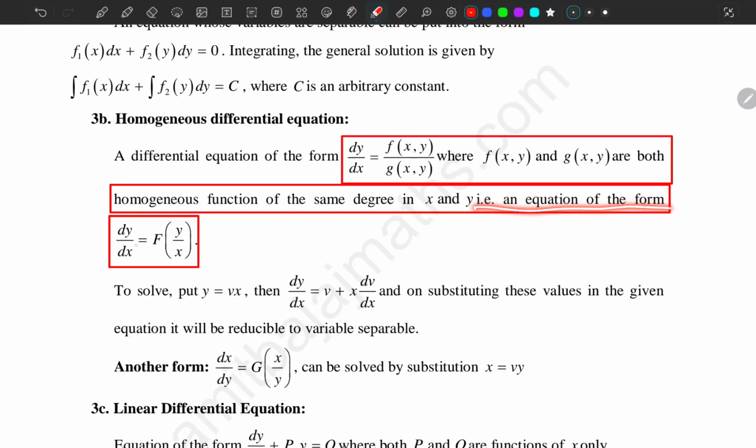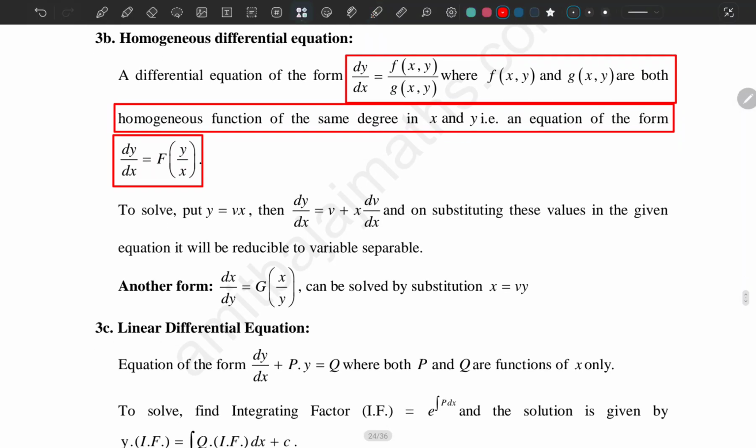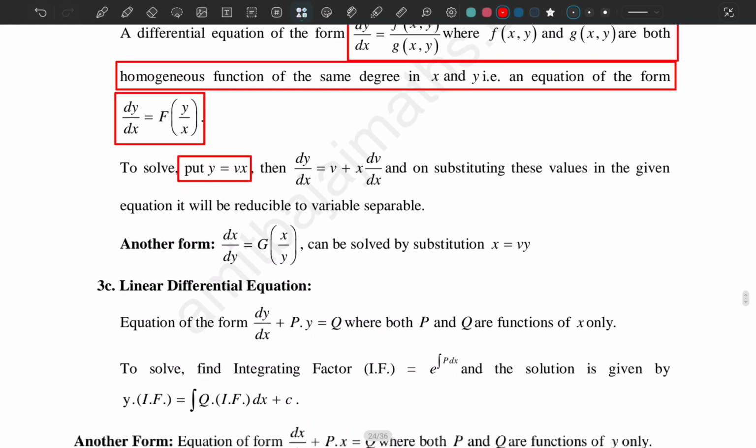That is an equation of the form dy by dx equals f of y over x. To solve it, put y equals v x, or you can put y equals lambda x, whatever you want, and then take the derivative with respect to x of that function.